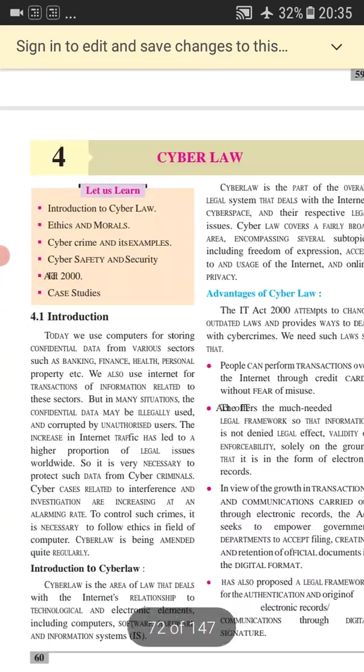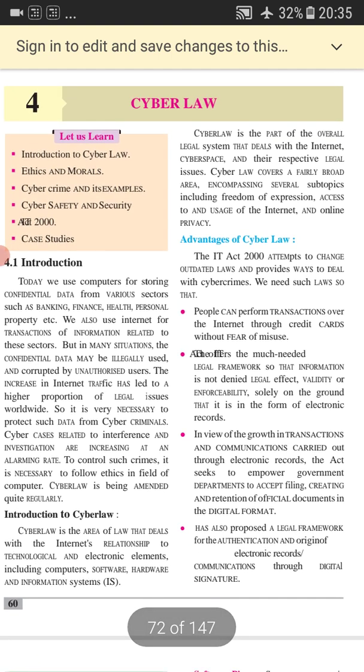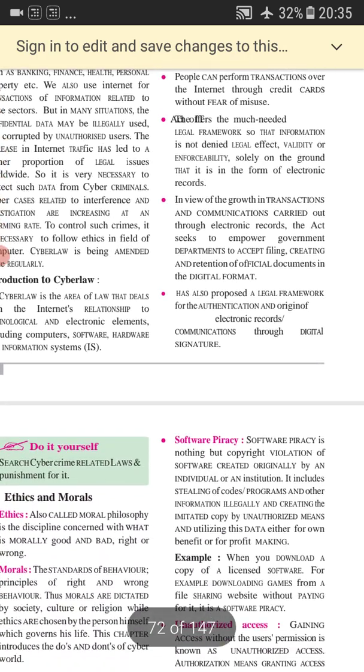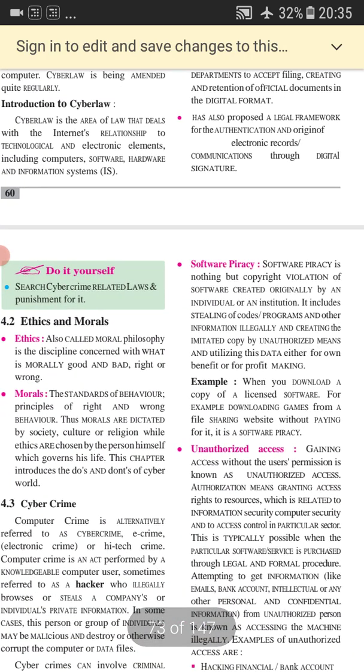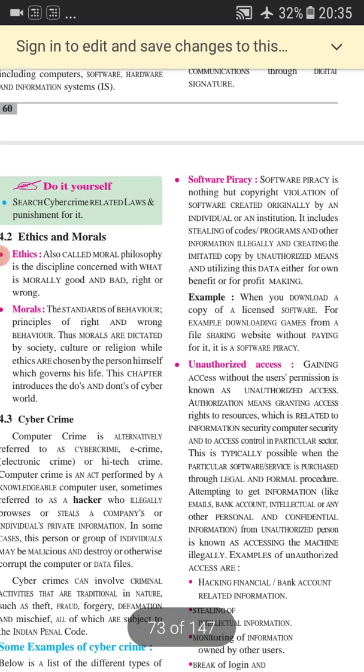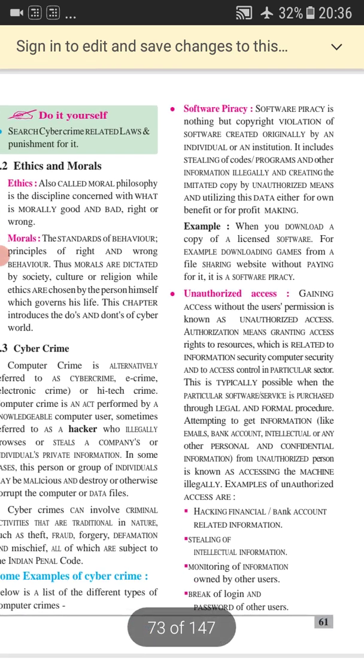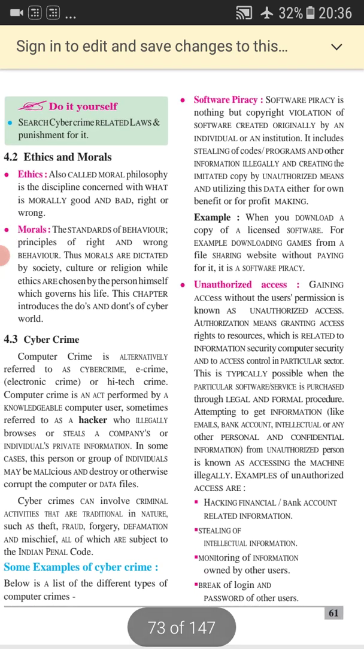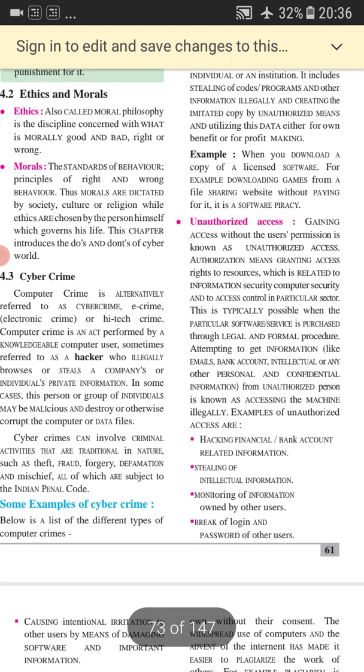In today's lecture we have studied cyber law, advantages of cyber law, what ethics and morals are, and what cyber crime is. It is very important for you to understand what cyber crime is. These all come under cyber crime, like software piracy and unauthorized access. If you see someone doing these things around you, you have to guide them.